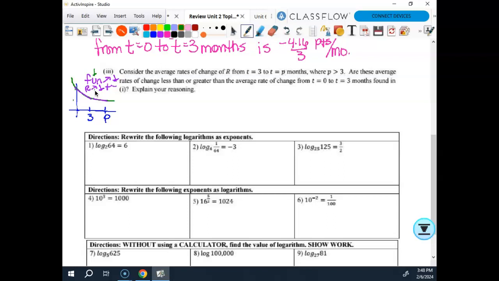So the rates are increasing, so that means that they're going to have to be greater than the rates from before.